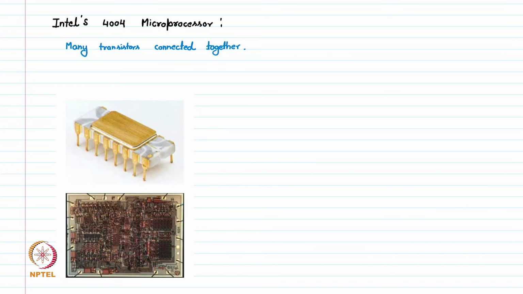This is the die photograph of Intel's microprocessor, the 4004 processor, and on the top we have the packaged microprocessor.